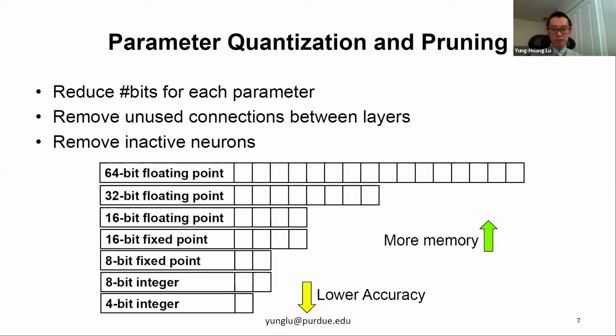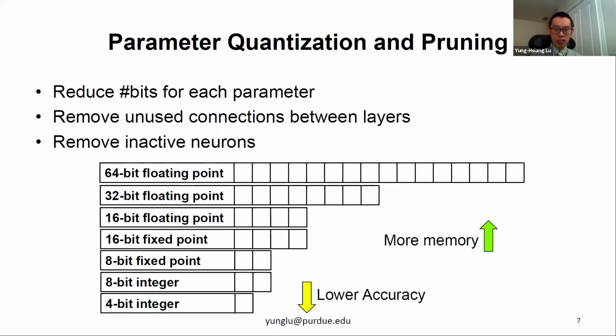Many studies have shown that it is not necessary to use double precision. Instead, people use single precision 32-bit floating point numbers. And some people use even lower precision, fixed point or integers. In some cases, people even use just 1 bit to represent the numbers, either 1 or 0.